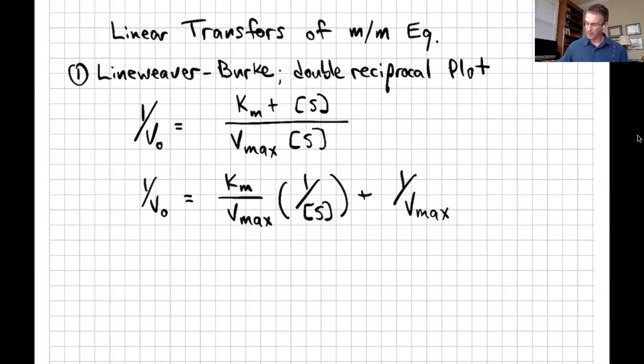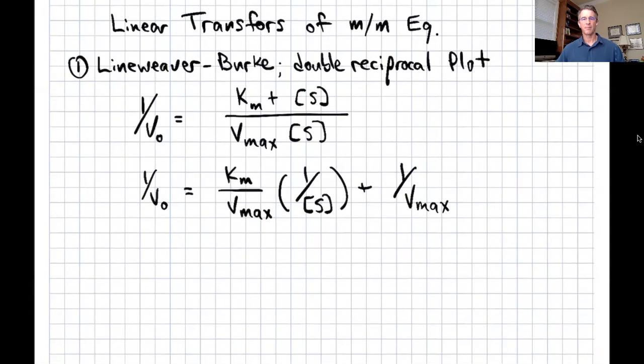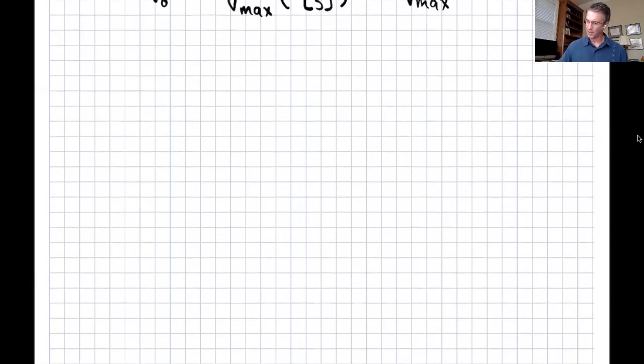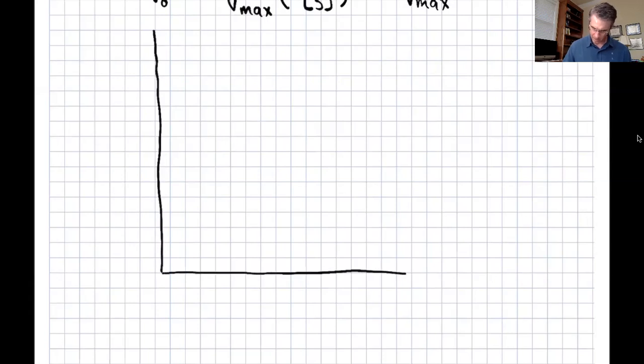So you can now take that same initial rate data, plot the inverse of the initial rate versus the inverse of the substrate concentration, and out of that you get one of these nice double reciprocal Lineweaver-Burk plots. It looks something like this.